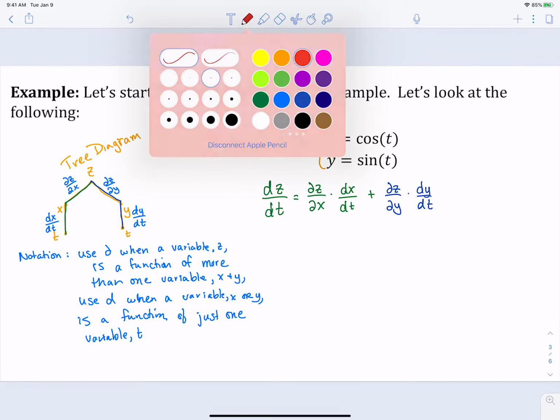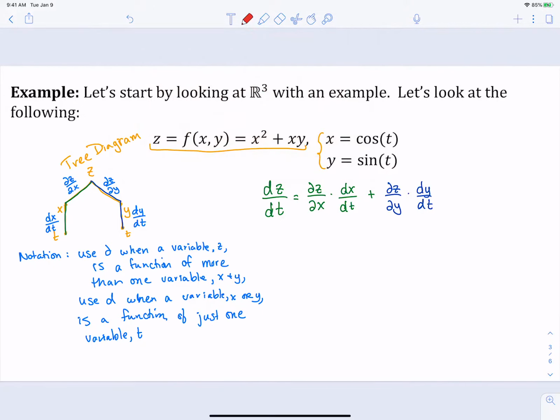So again, even though we use just that different notation, the scripty d versus the regular d, that scripty d really just tells us that, hey, we've got a function that's in more than one variable. And that regular d just says, hey, we've got a function that's in one variable. These still do technically cancel out. So we get dz dt, which is what we want.